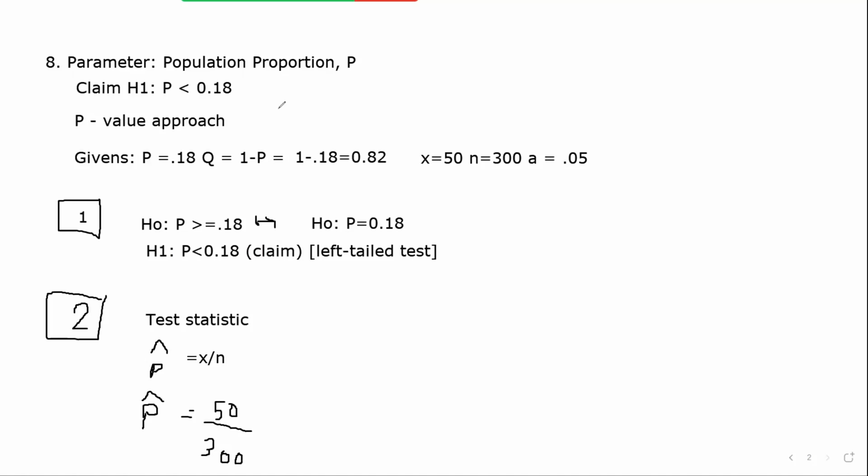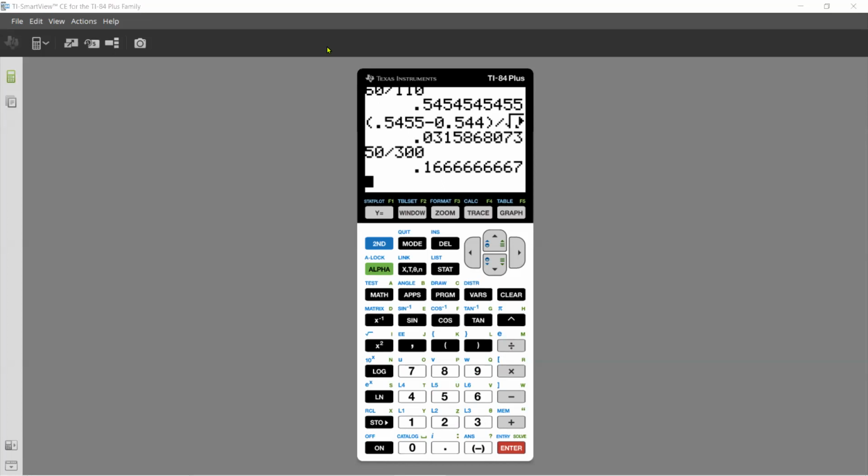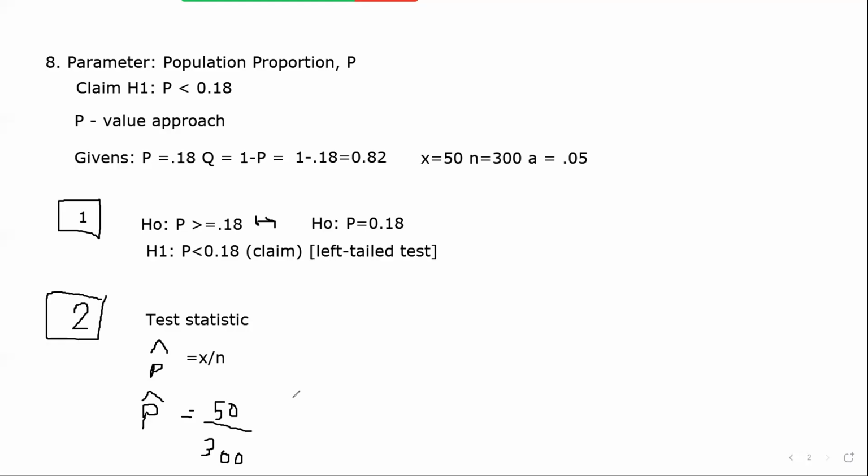So let me do a little bit of a switcheroo here with the calculator. So we have 50 out of 300, and that comes out to 0.1667. So p hat is equal to 0.1667.